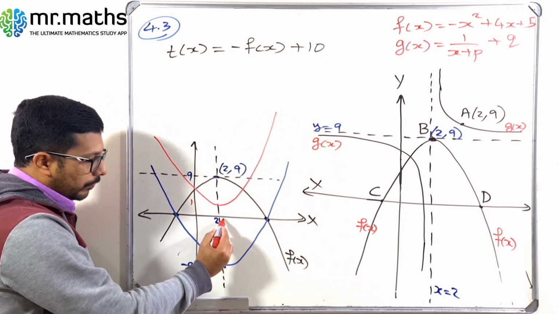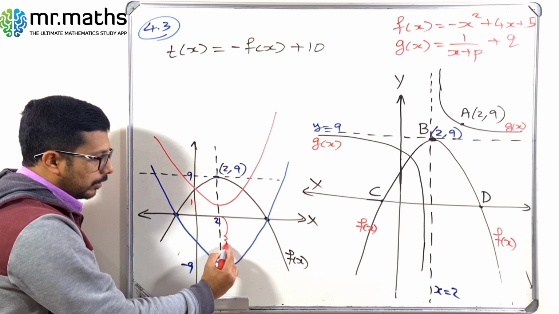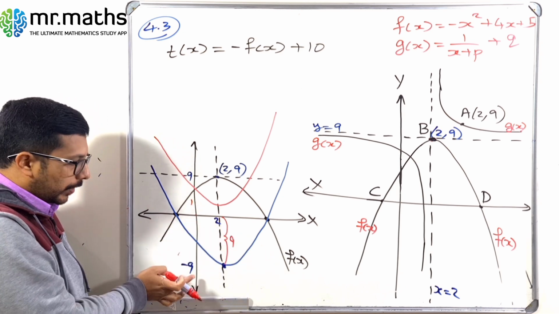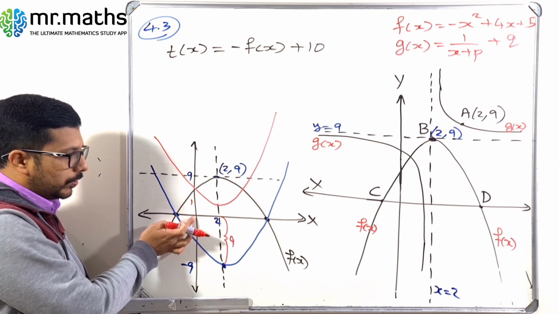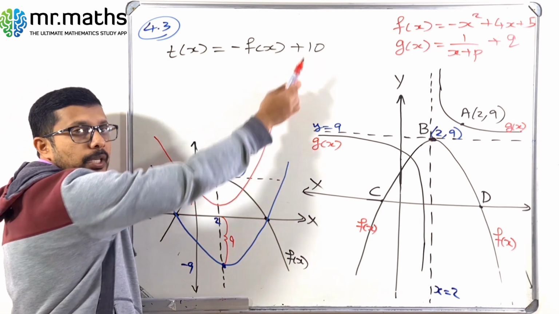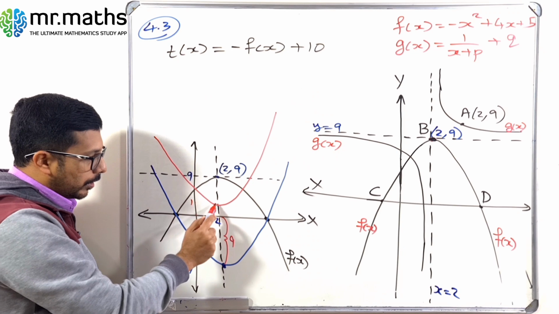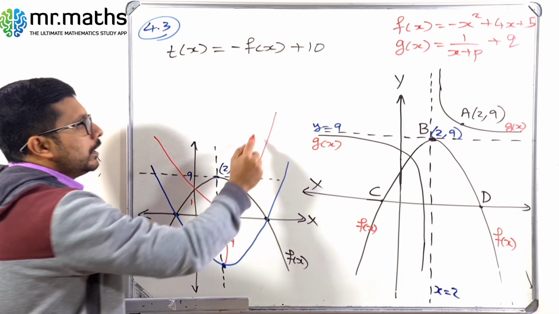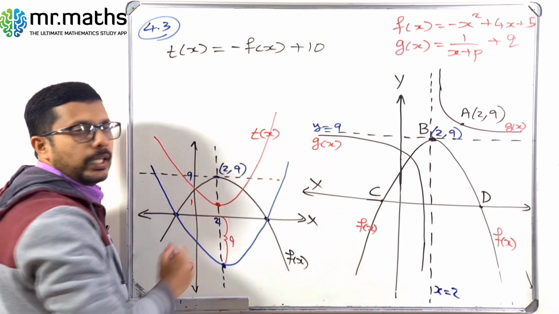From here up to here, what is the distance? 9, because here it is minus 9. So this is 9 and 10 units upwards. Plus 10 means 10 units upwards. So it's supposed to pass through 1. And this one is t of x.